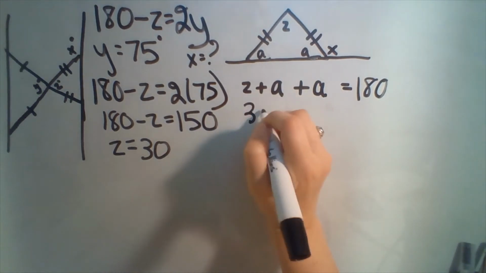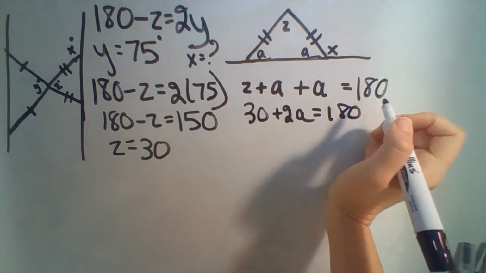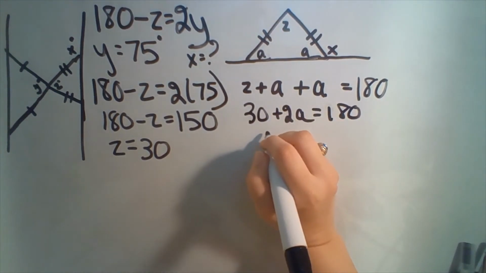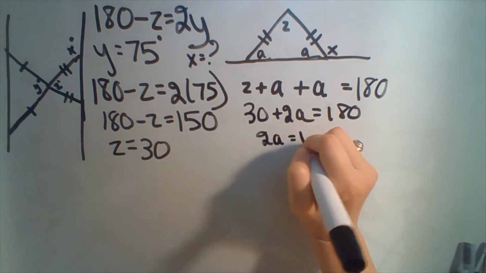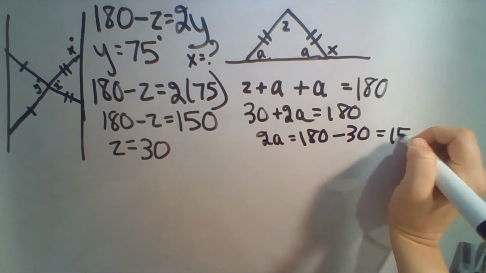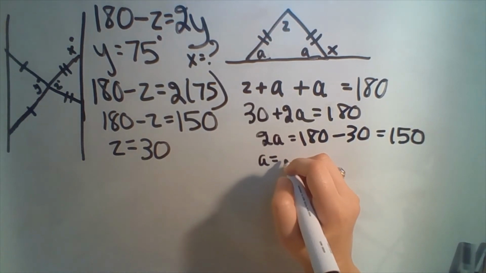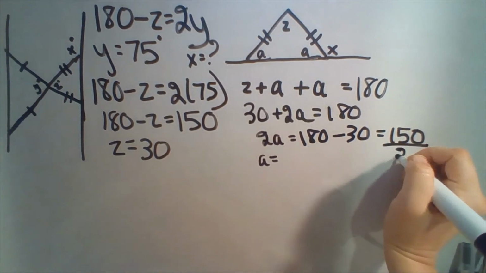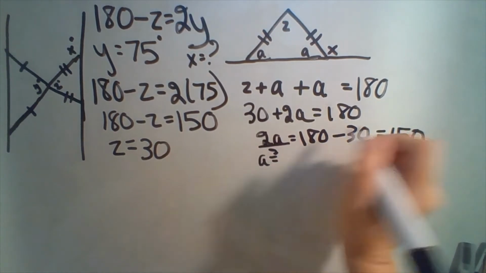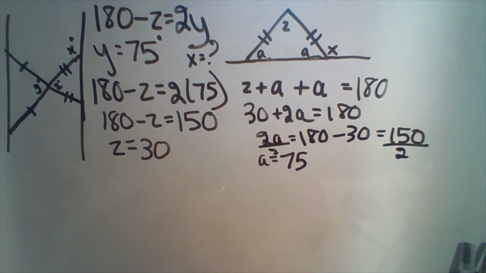We know Z is 30, plus 2A equals 180. We can solve for A, right? 2A is equal to 180 minus 30, which is equal to 150. So A is equal to 150 divided by 2, because we're dividing by 2 on both sides. So A is equal to 75.